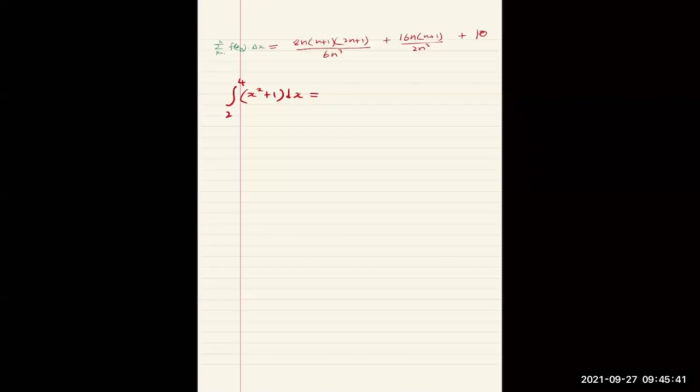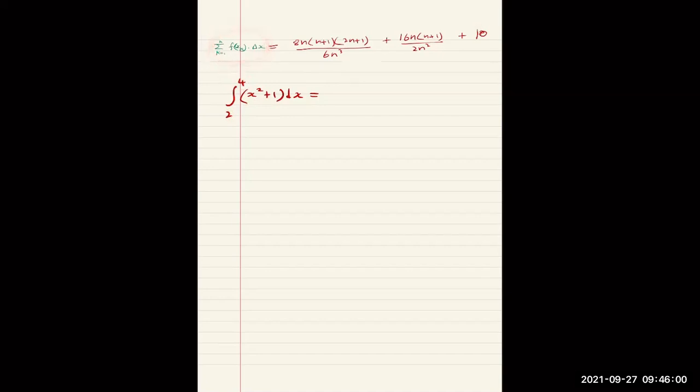All right, I have copied down the right sum formula here. The n-rectangle right sum is given by this formula. Now to find the definite integral of x squared plus 1 from 2 to 4, all I have to do is take the limit of this expression as n goes to infinity.